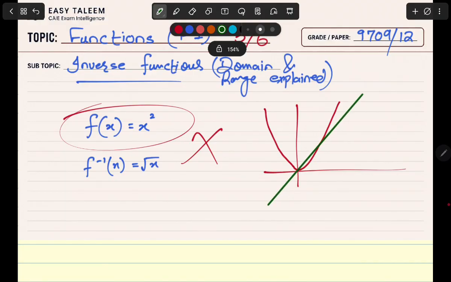If so, then this is going to give us something similar to a hyperbola, which is not even a function. Therefore, the inverse of this parabola, f(x) equals x squared, does not exist unless we change or deal with the domain of it. And today's lesson is going to be about why.